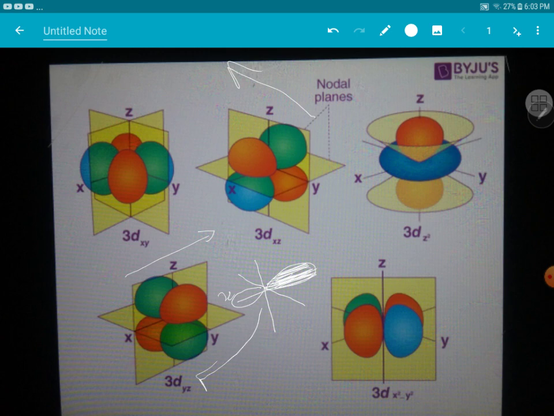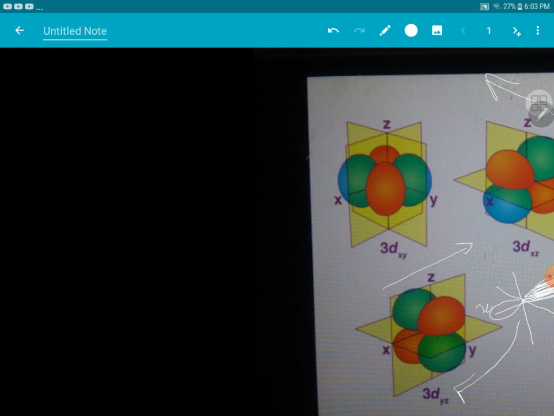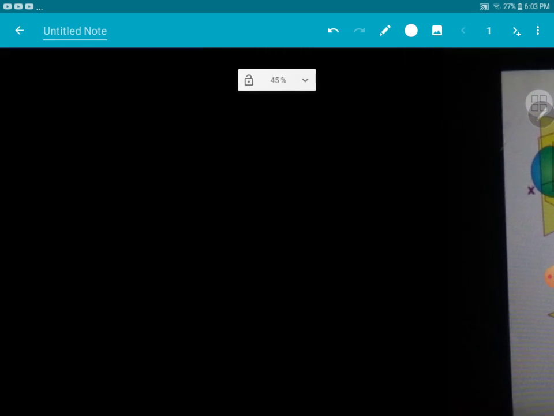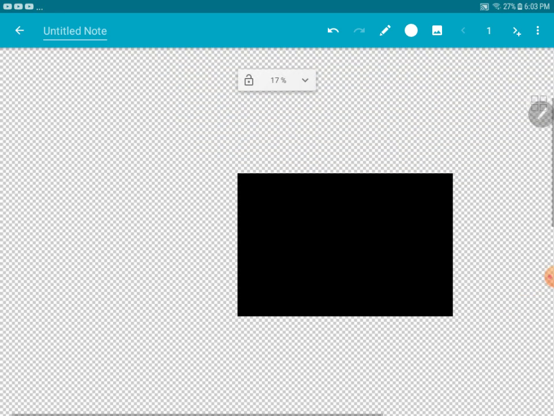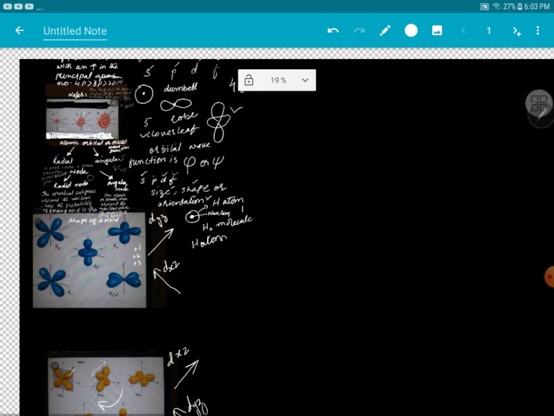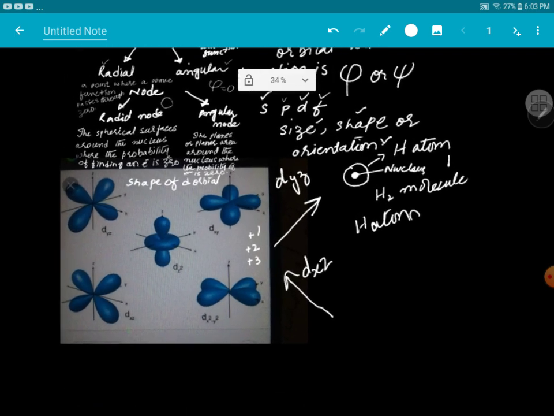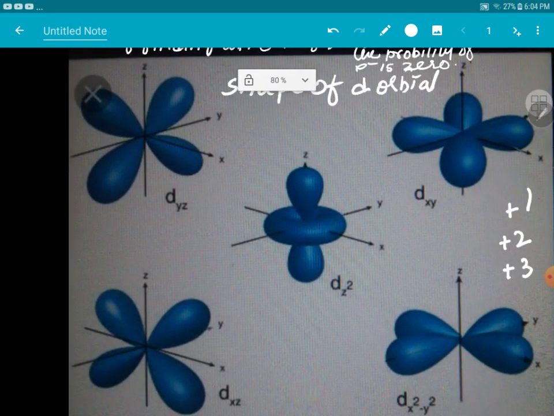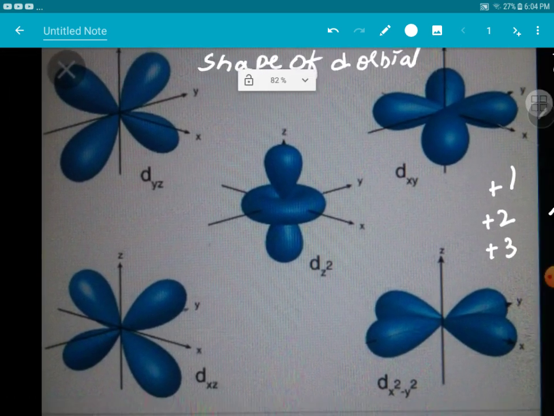Similar to that picture, in this picture the X and Y axes rotate anti-clockwise.